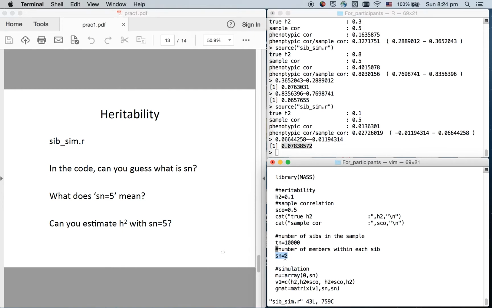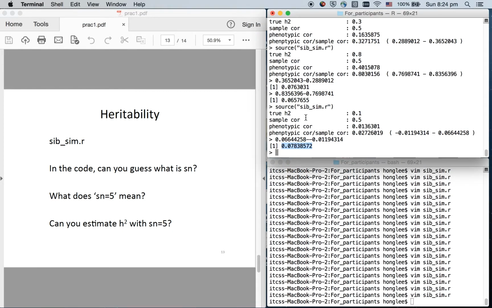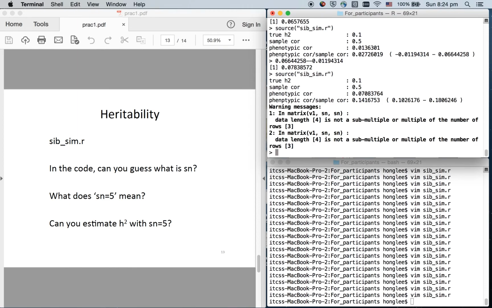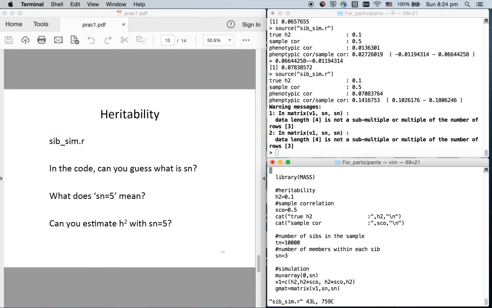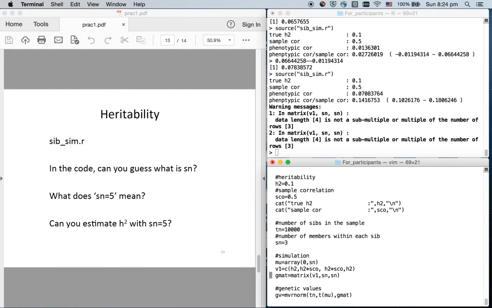Can you estimate with a different number? For example, you can change it to 3. Then try. It doesn't work, right? It doesn't work. That is because this Sn is actually the number of members within each sib.